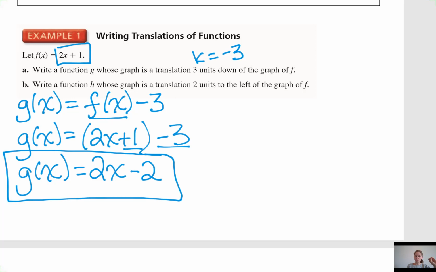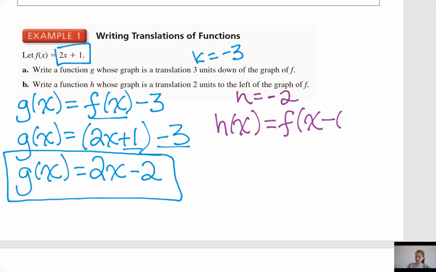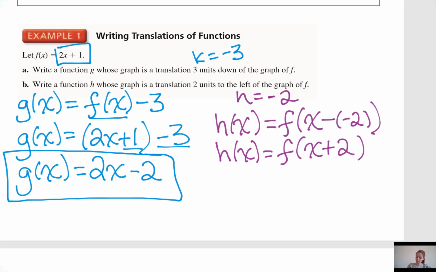B, write a function h whose graph is a translation 2 units to the left of the graph of f. Okay. Left is the h value, and to the left is going to be negative 2. So they want this new function to be h, and I am going to do f of x minus my h value. My h value is negative 2. I can rewrite this as f of x plus 2.